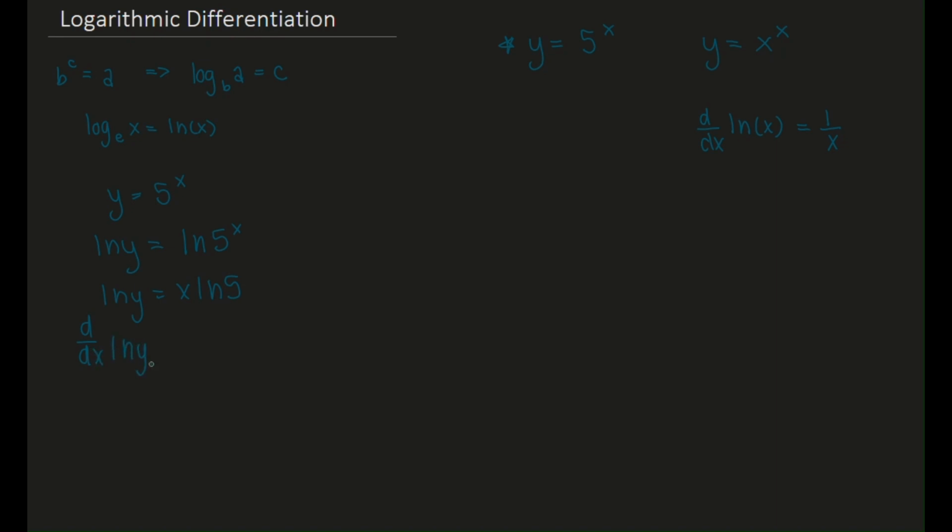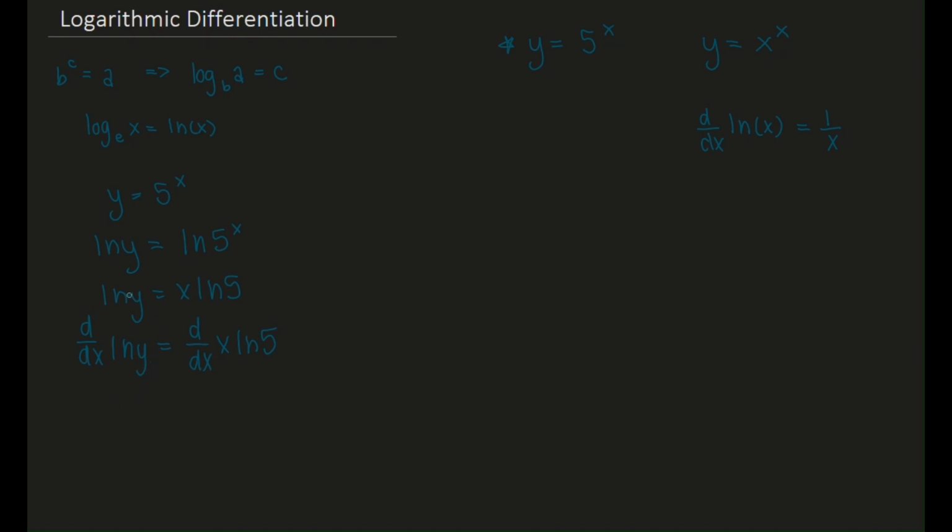So d/dx of the natural log of y is equal to d/dx of x times the natural log of 5. On the left-hand side, we're doing an implicit derivative, so we are going to differentiate the natural log of y.